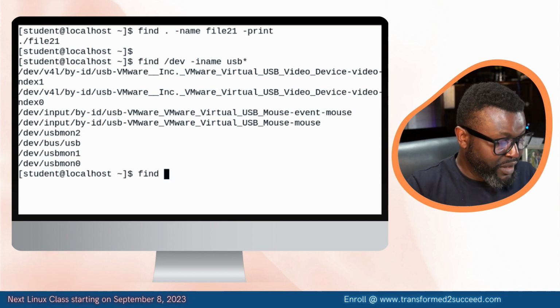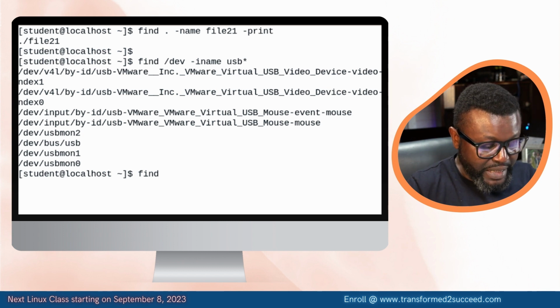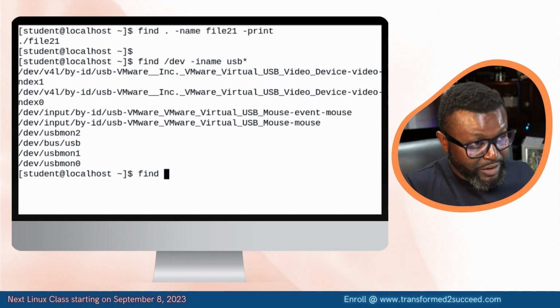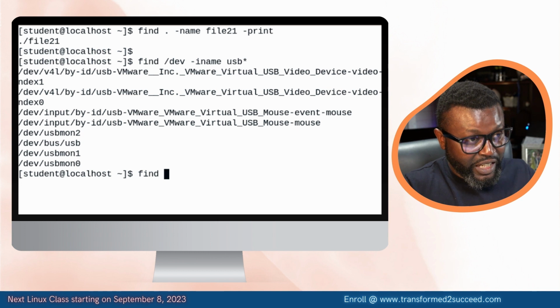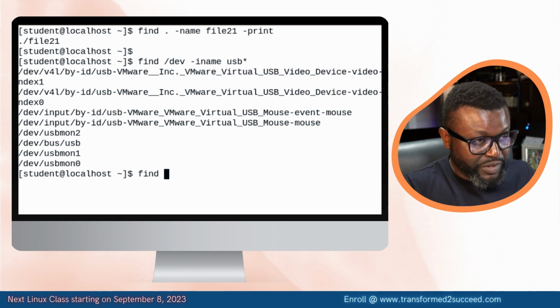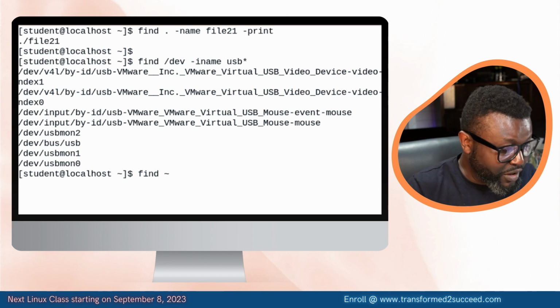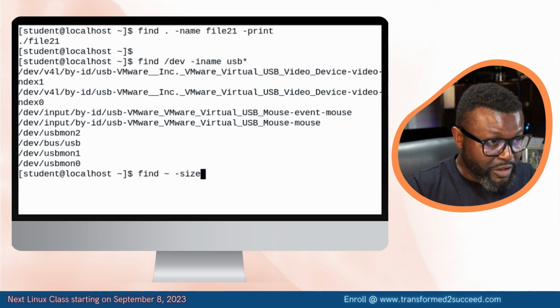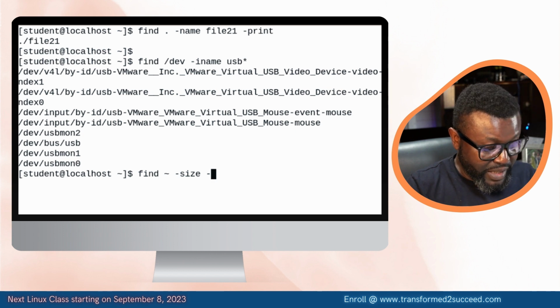Okay, next. Now I'm going to use the tilde. That's what you find next to the number 1. There's a button with the tilde and then a single quote. I'm talking about this one, meaning that I want to stay in the home directory of this user, and then I'm gonna search by size, and this is the size that I'm looking for.